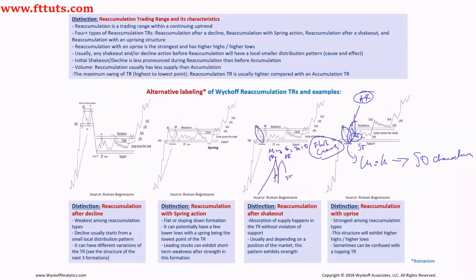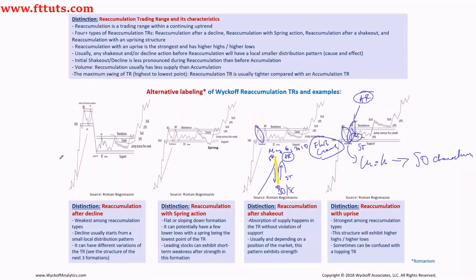We have the change of character on the way down and then on the way up. So that suggests that the automatic rally is still here. Then how would we label this? Well, obviously this looks more like a shakeout, or sometimes I'm going to put a selling climax as a climactic action. So your downtrend is very fast within the context of a reaccumulation.